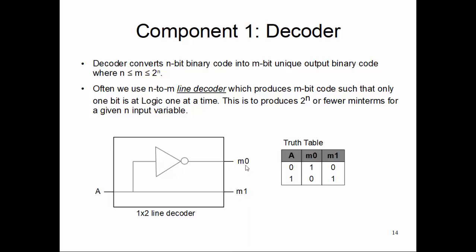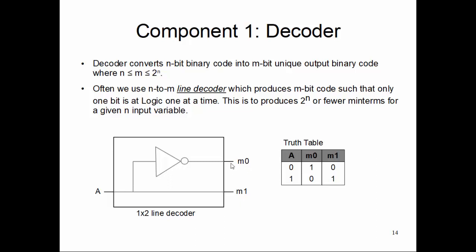It is not a surprise that these output terminals basically represent the min terms of the corresponding input bit sequence. That's why we usually mark the outputs of a line decoder in min term notation, like min term 0, min term 1.